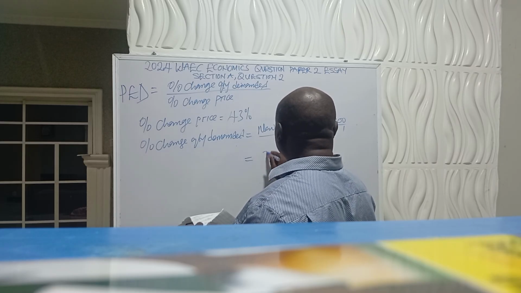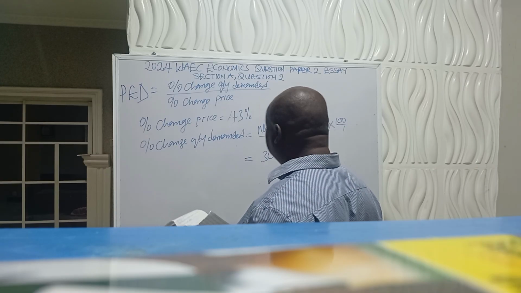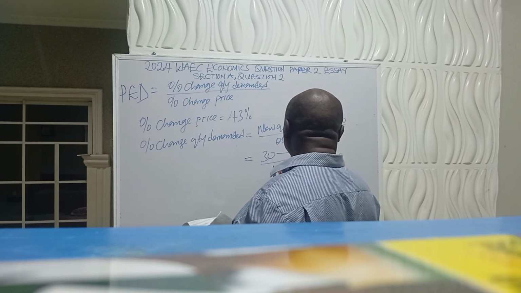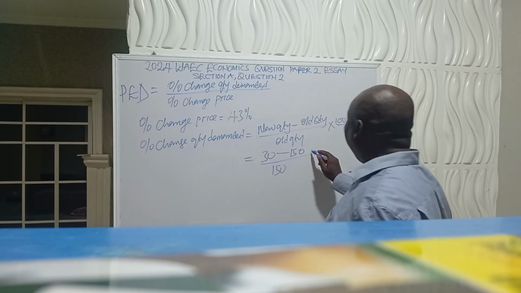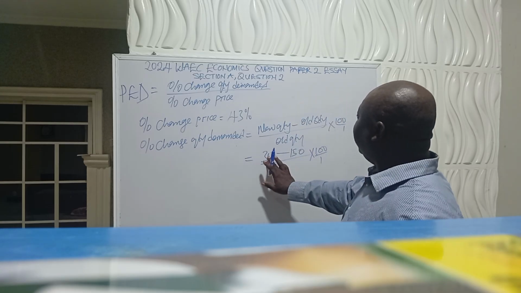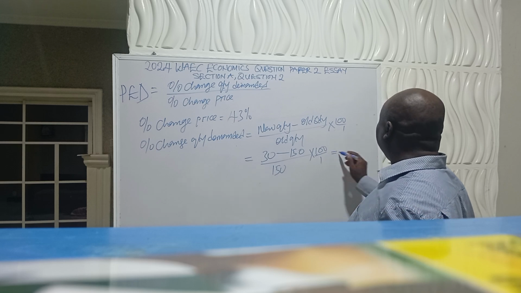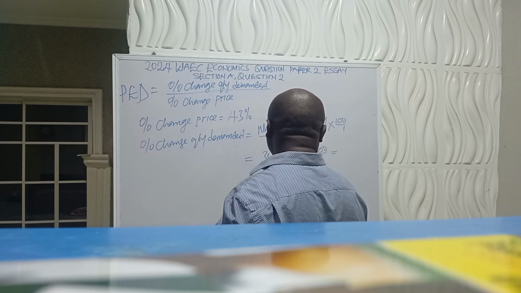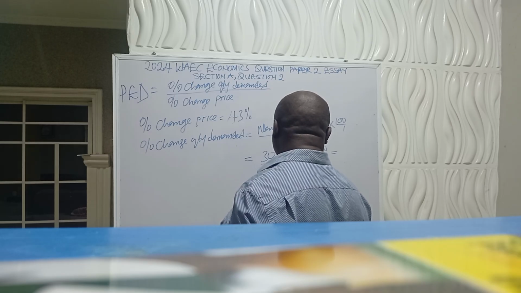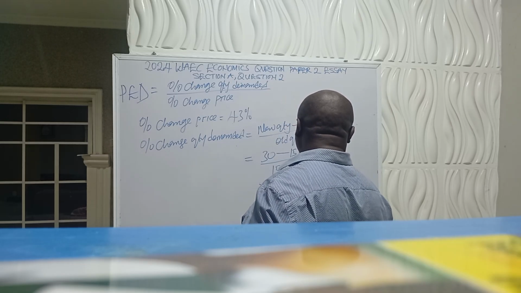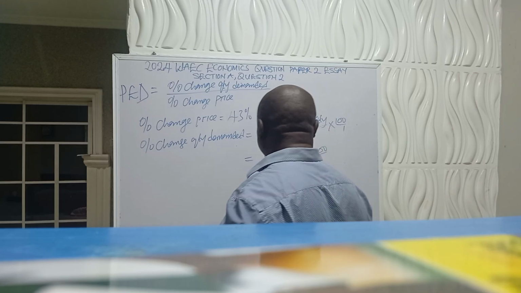So 30 is the new quantity, while the old quantity is 150. So 30 minus 150 over old quantity, which is 150, times 100 over 1. So this minus this will give you minus 120 over 150 times 100 over 1.